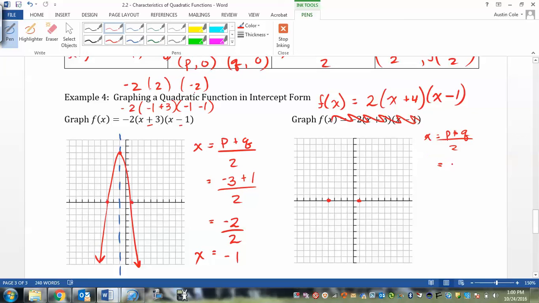So our p value is -4. My q value is +1. Notice how these numbers are the opposite of those. Divided by 2, I'm going to get -3 over 2, which equals -1.5. That means my axis of symmetry is at -1.5.